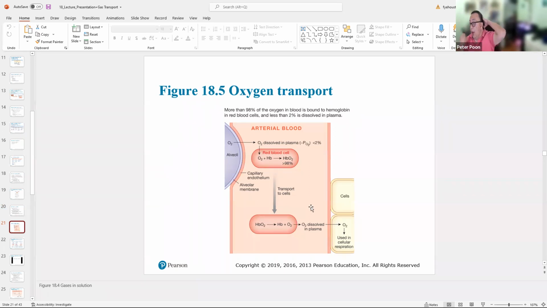One of the cool things you should know is that this is true if it's arterial blood normally. But if you carry around an oxygen container and you're pushing pure oxygen into your airway, because hemoglobin saturates at 98%, more oxygen can actually enter into your plasma.